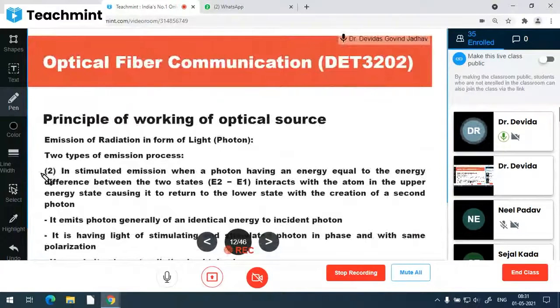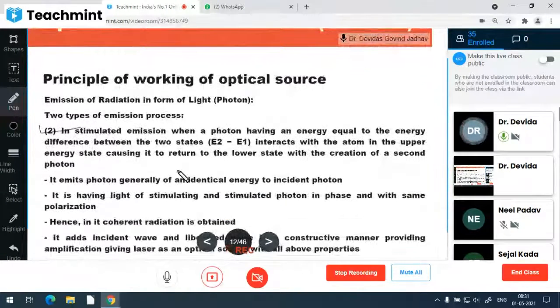Then if you consider stimulated emission, a photon has energy equal to the discrete energy difference between the two states, E2 minus E1, and it interacts with an atom that is in the upper energy state. That causes the atom to return to the lower energy state, with the creation of a second photon.